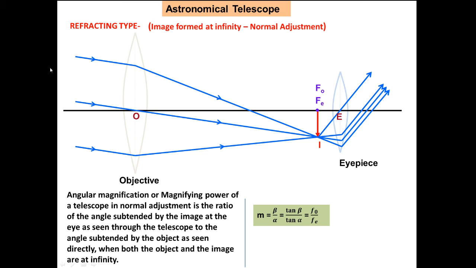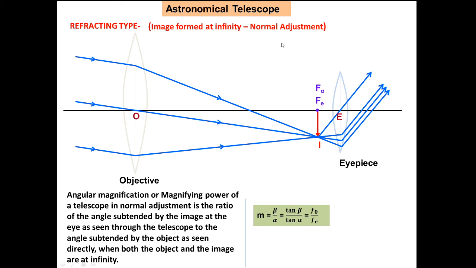Here, since the telescope is used to see far objects, the light coming from far objects we can take as parallel, and the parallel light due to this convex lens converges at its focus. If the eye lens is adjusted in such a way that this image lies at the focal length of the eyepiece, then the final image is also formed at infinity.